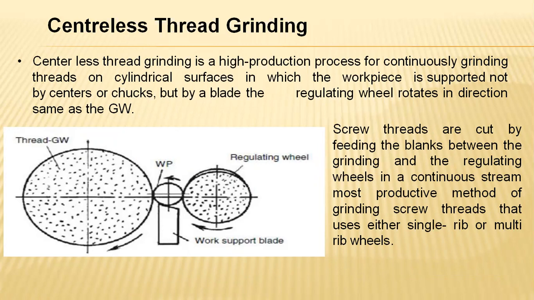Normally, the workpiece is supported on a blade, and a regulating wheel rotates in the same direction as the representation in the diagram. So in the same representation, it will be oriented.